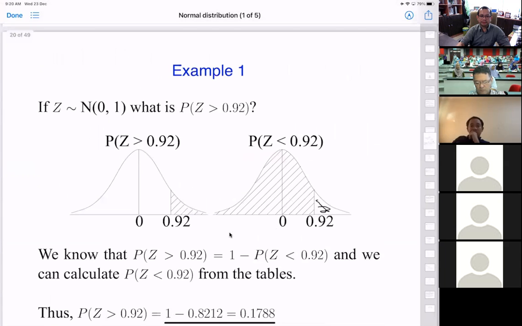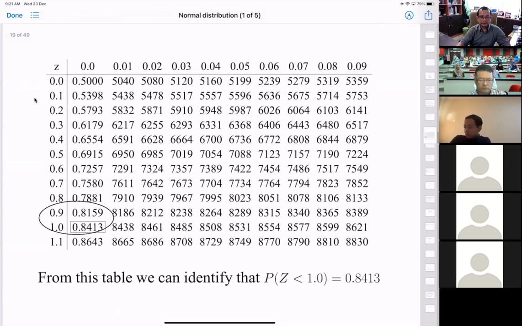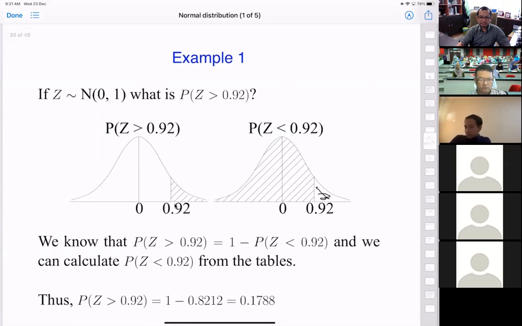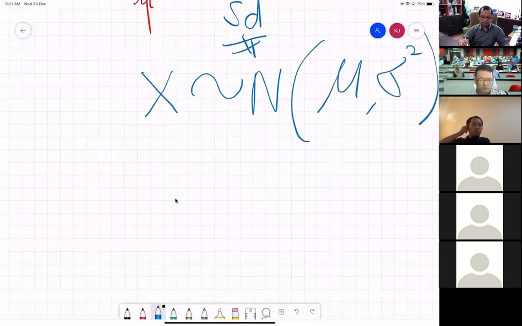This is example 1. If it is normally distributed with mean 0 and variance 1, what is the probability z is greater than 0.92? As I mentioned earlier, this is the positive table, we read from left to right.